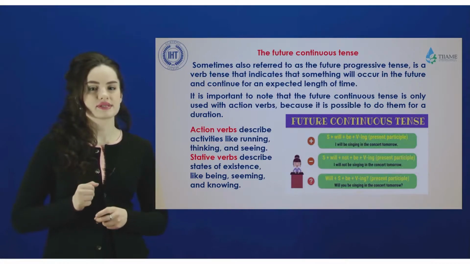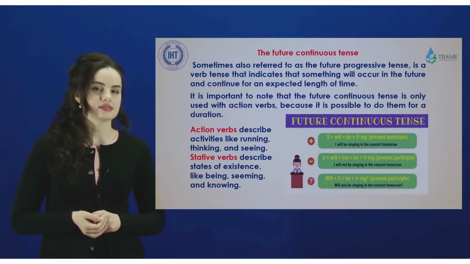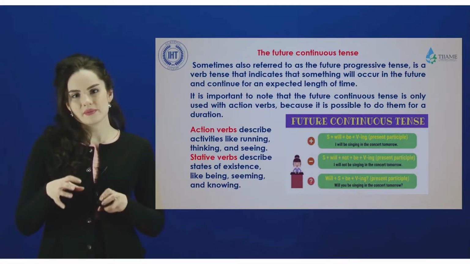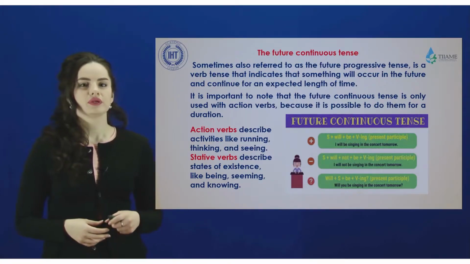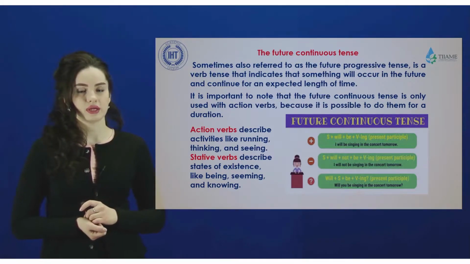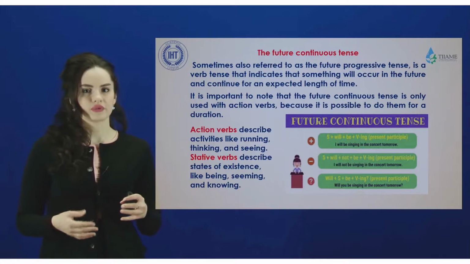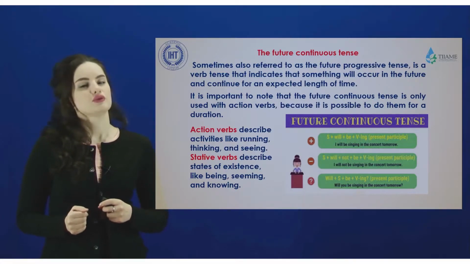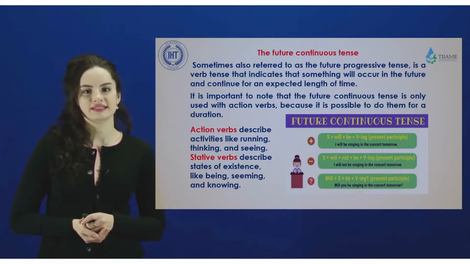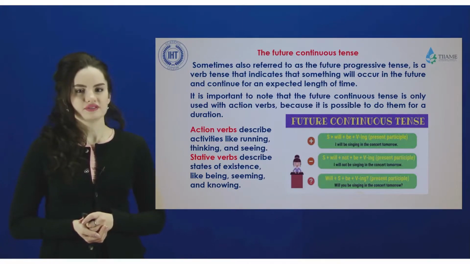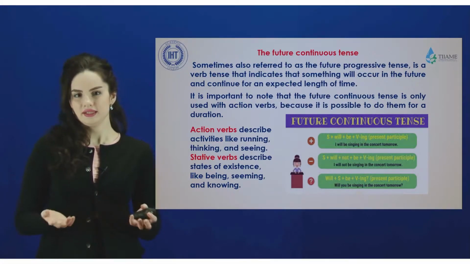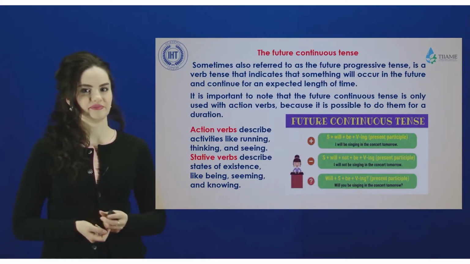For this purpose, while saying this sentence, you should mention another event, like a point when something will be happening, or you should say some particular time, for example, tomorrow in the afternoon or at 3 p.m. For example, you should specify some time. In order to organize a sentence in this tense, you should use again the auxiliary shall or will. After that, you should put be and the verb with the ing ending. Here is your future continuous tense.